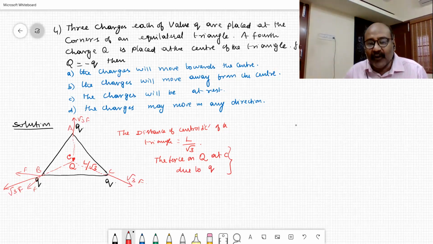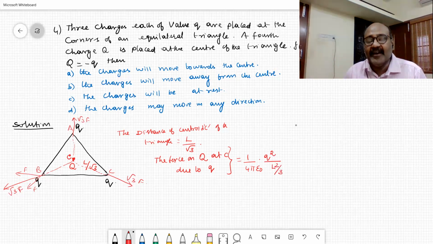So what is the force? This force will be equal to 1 divided by 4 pi epsilon 0 into small q into capital Q, and at the center, capital Q has a value of minus Q. So I can say the magnitude is Q into Q, Q square, divided by L divided by root 3, the whole square.